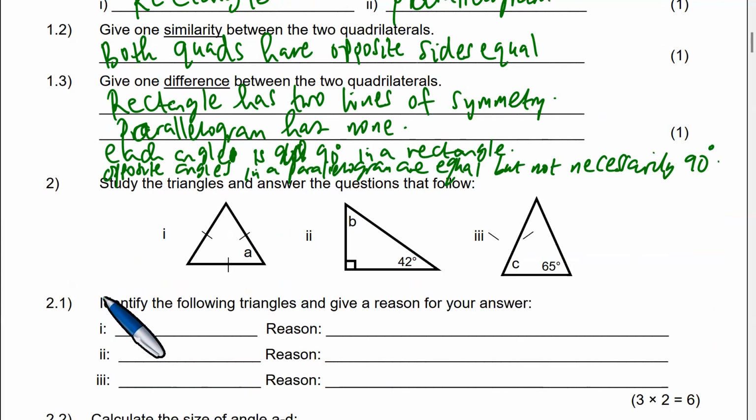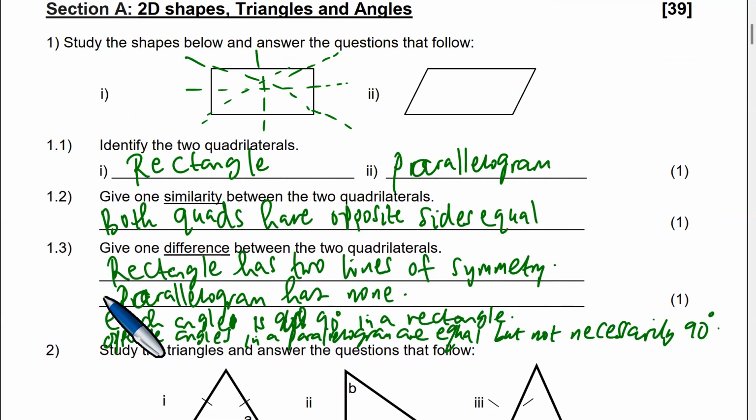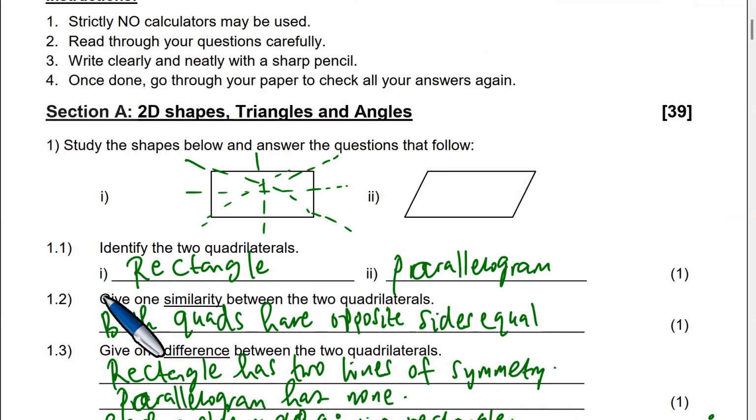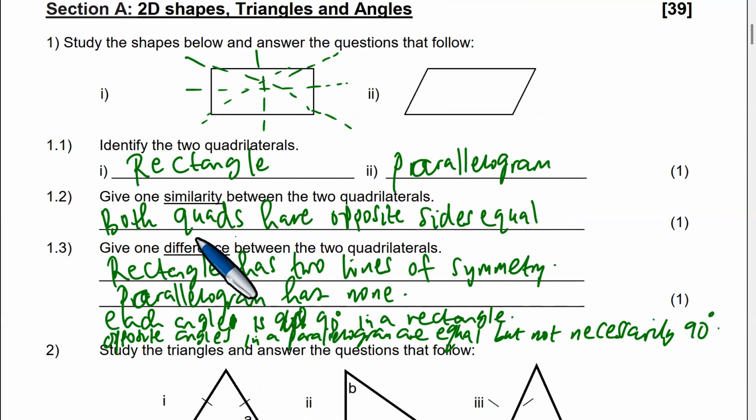So here you can say that a rectangle has at least two lines of symmetry, because you can count 1, 2. You can count 3, 4, etc. So it has at least two lines of symmetry, whereas a parallelogram has none.